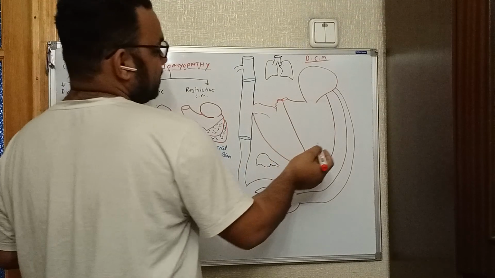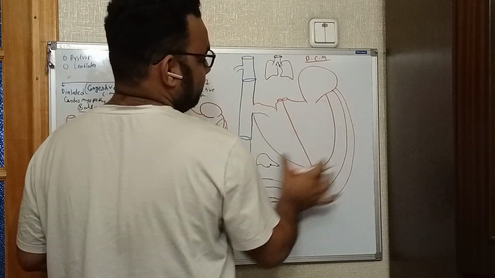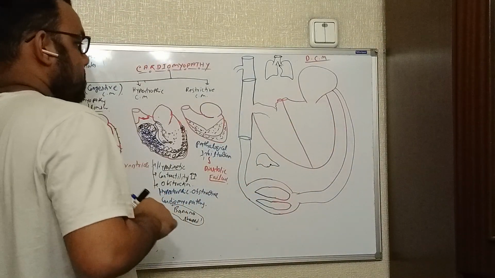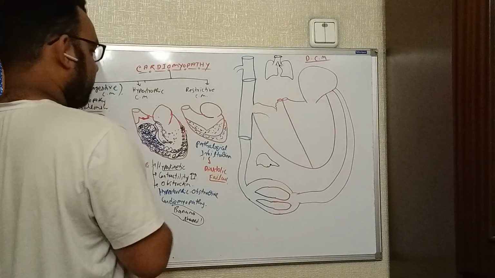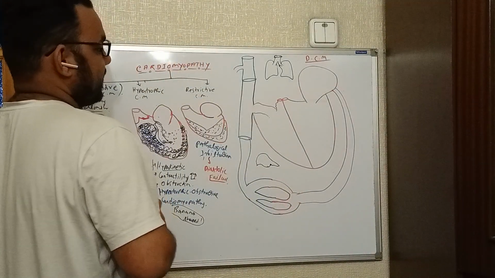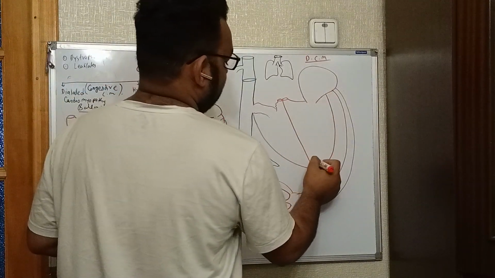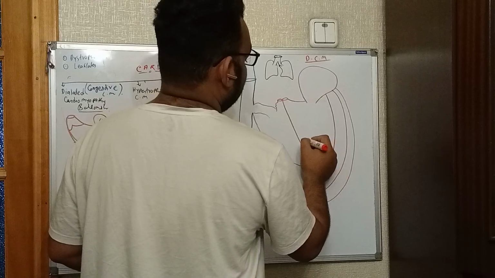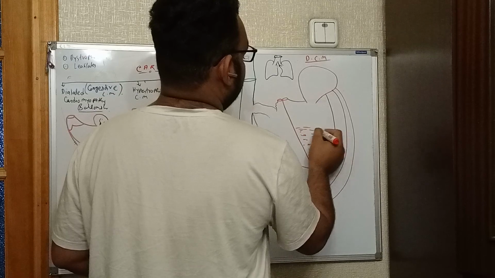Whenever we use this term dilated, that means this region is getting dilated, the ventricular parts, the myocardium. Normally, as I already said, you have hypokinesia. Whenever there is hypokinesia, the heart is not able to contract, so there will be a systolic problem. The blood that is coming here will get accumulated.